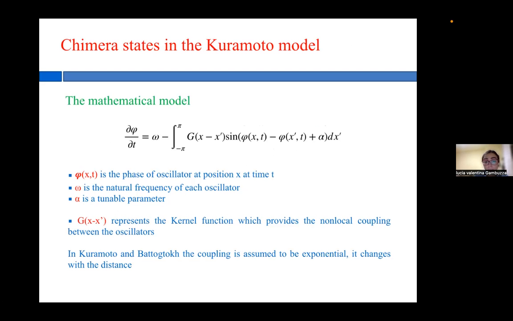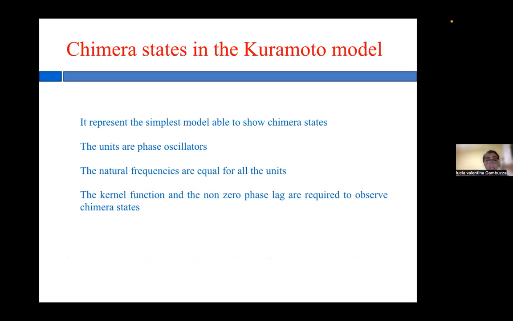This model, the network made of phase oscillators with the Kuramoto coupling, is the simplest model able to show chimera states. And the most important thing is that all the units are identical, so the natural frequency of all the units is the same.